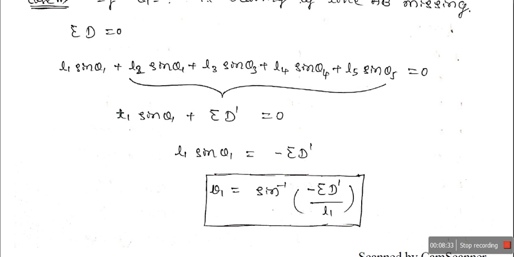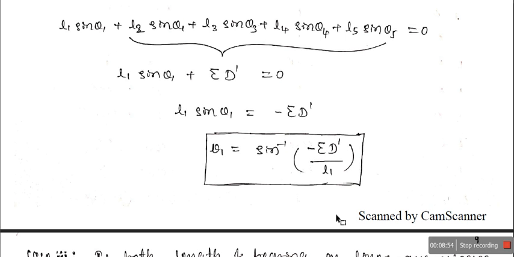Then we have to find out the theta 1 here. So I am taking the sin theta 1 here only, that is equal to minus of summation of D dash. So take this L1 term this side and sin to this side. So theta 1 is equal to sin inverse of, in the bracket, minus summation of D dash divided by L1. Okay, this is our simplest formula.